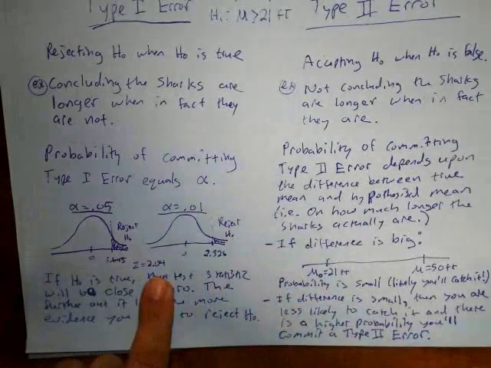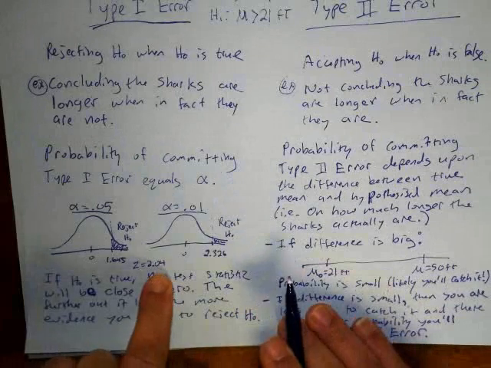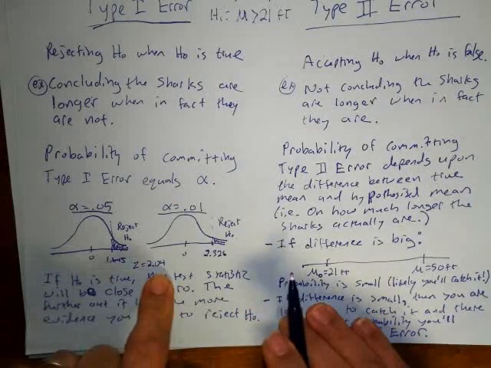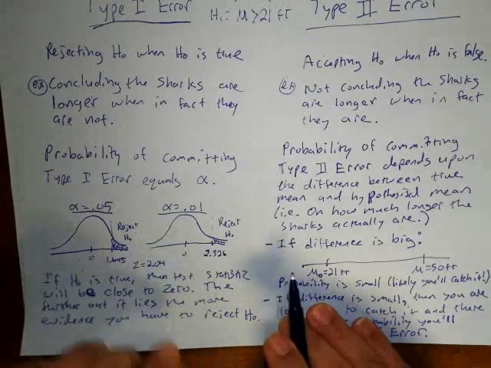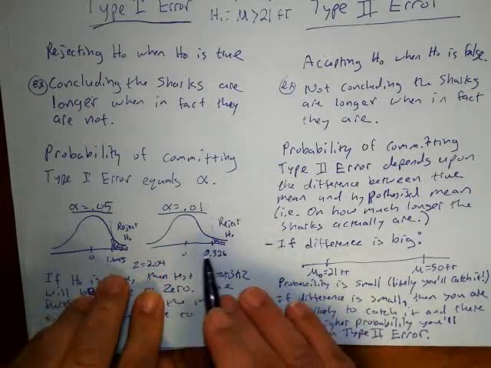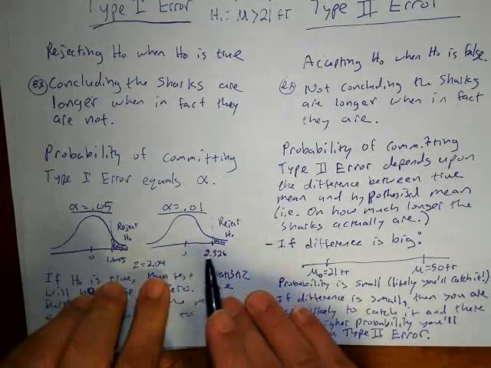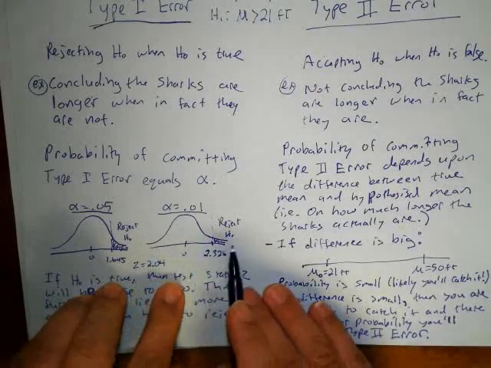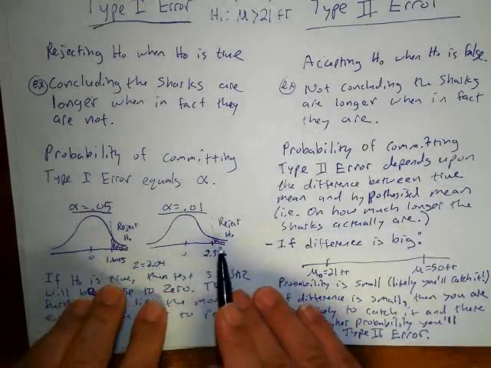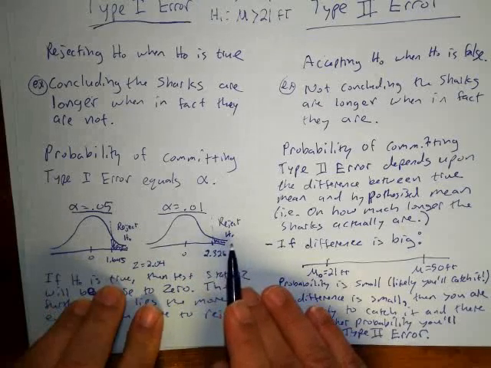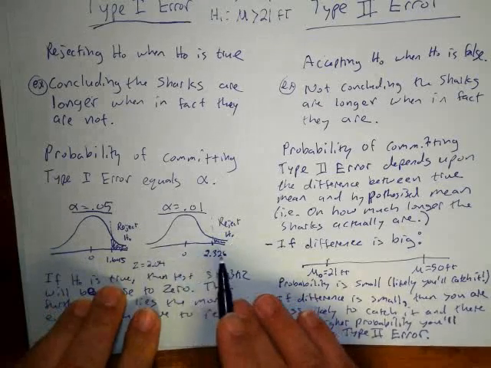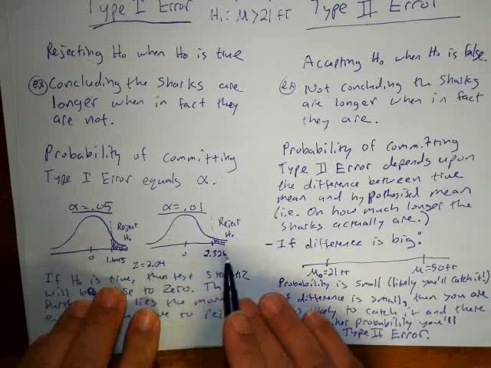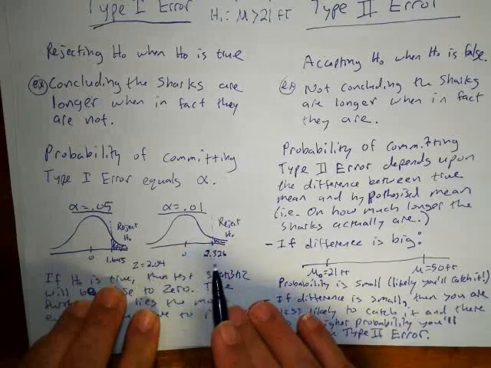Oftentimes, a z-score can be beyond 3 standard deviations. If the true mean is really a lot bigger than the hypothesized mean, then this z-score could be quite large, and that gives you more than enough evidence to reject at any significance level. None of the significance levels have critical values beyond 3.